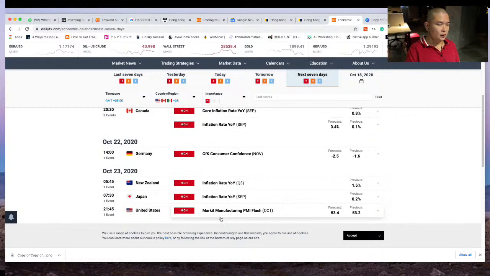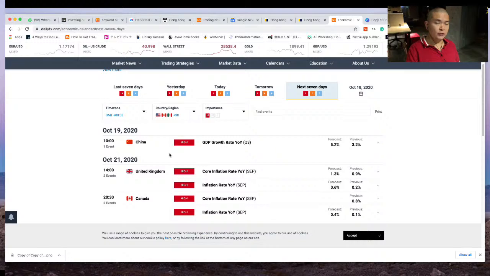So guys, what really is going to affect the HK50 is on Monday, at 10 in the morning, the GDP growth rate of China.